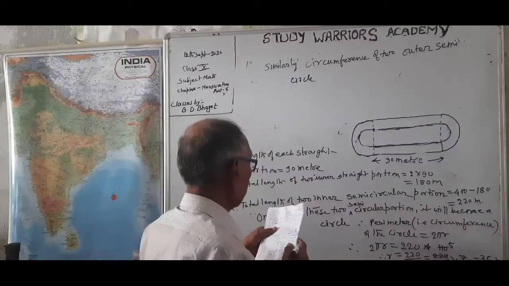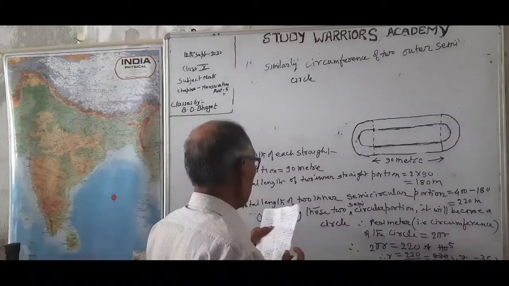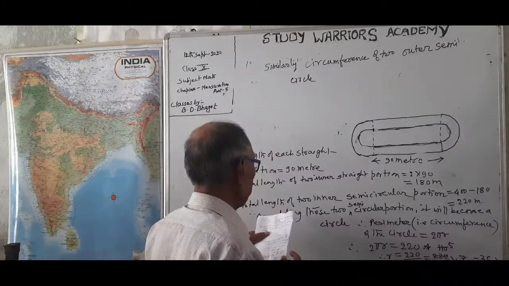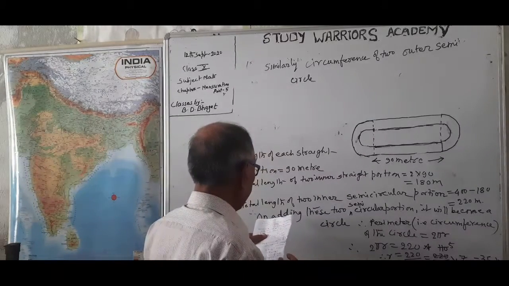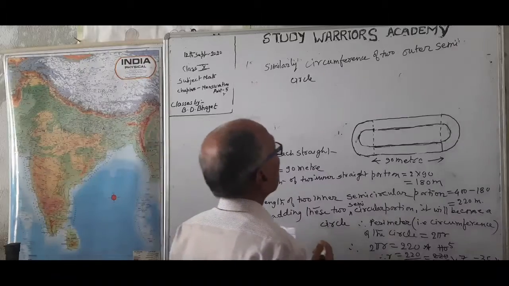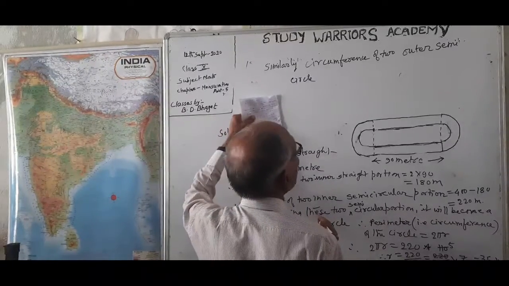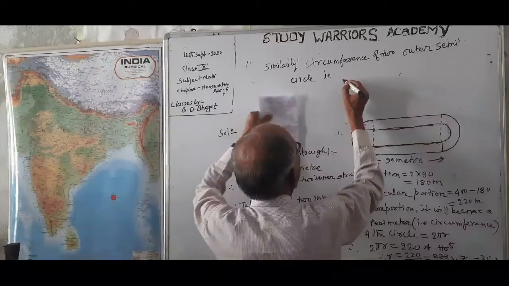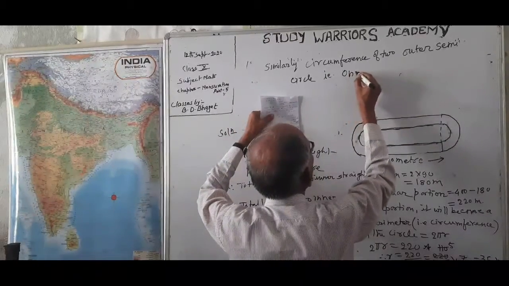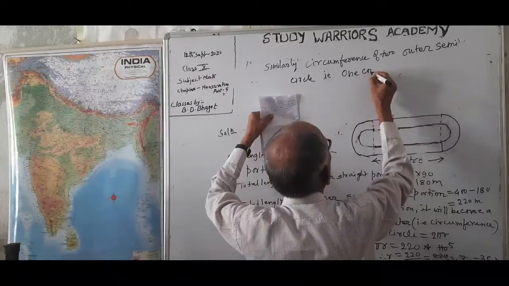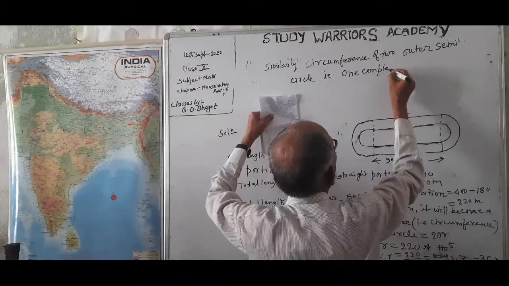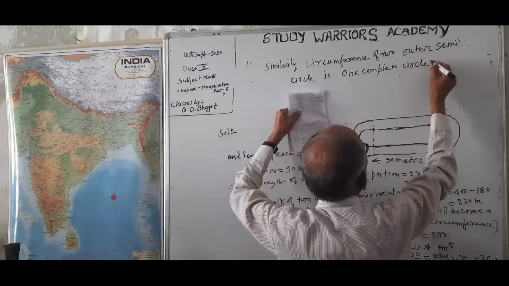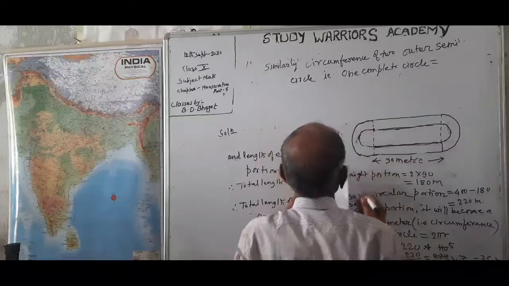If you add them, similarly the circumference of the two outer semicircular portions, that is, two semicircles make one complete circle, the outer circle, by the same method.